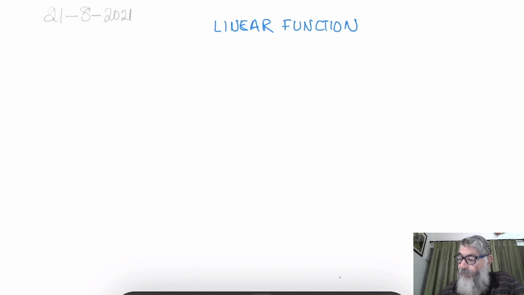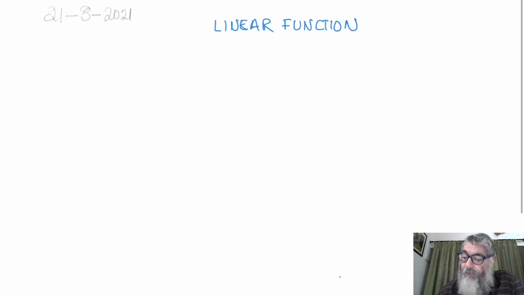Let's start with the first function, the linear function.